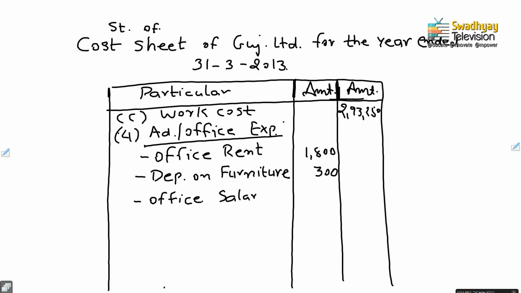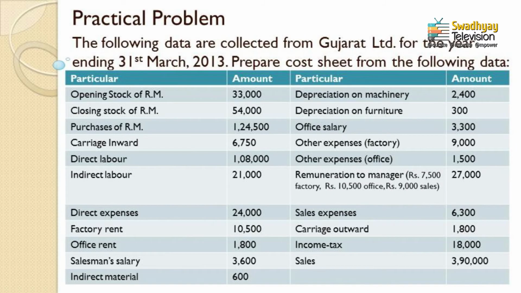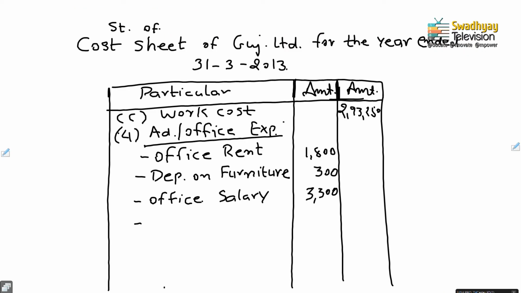So naturally it is an expense under the office expenses or admin expenses, which is 3,300 rupees. Then the next item is other expenses, which are very clearly related to the office, 1,500 rupees, recorded under the office overheads.